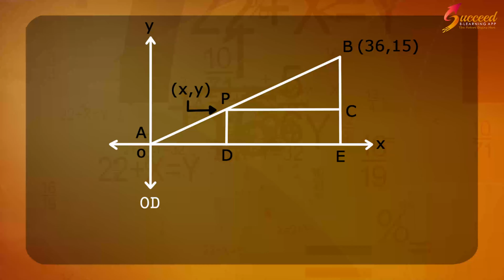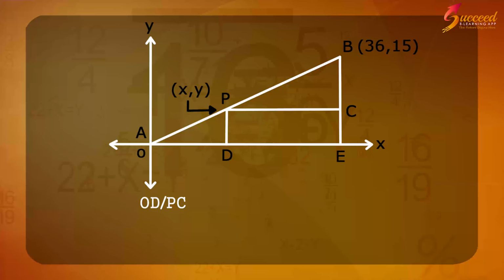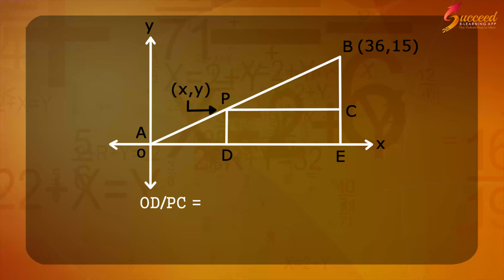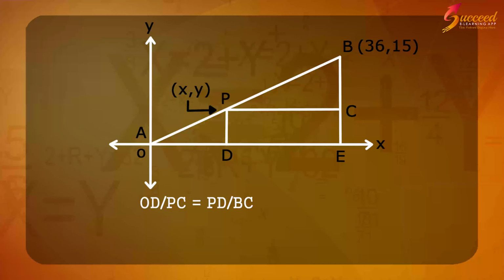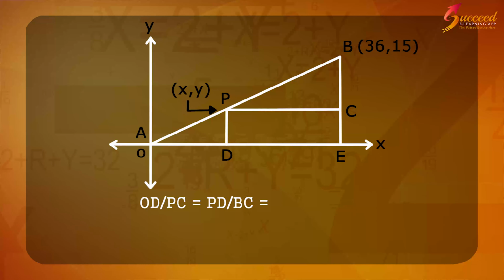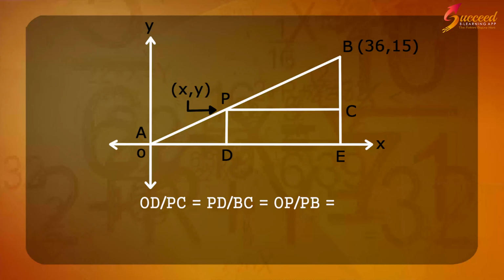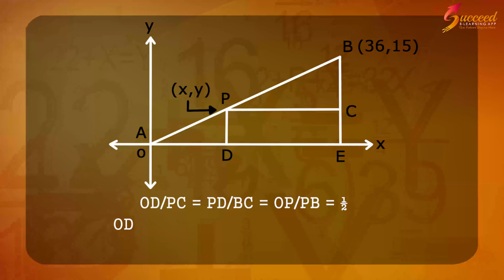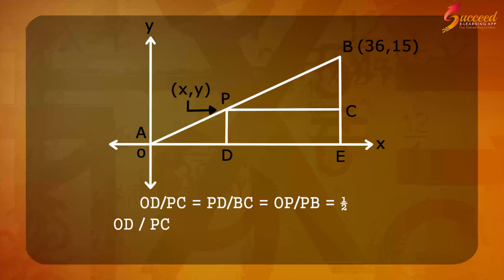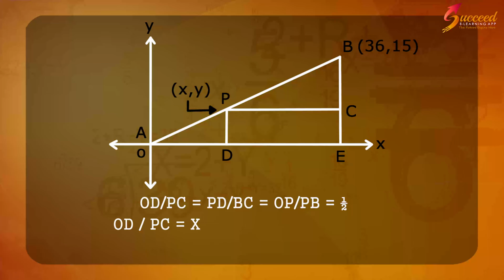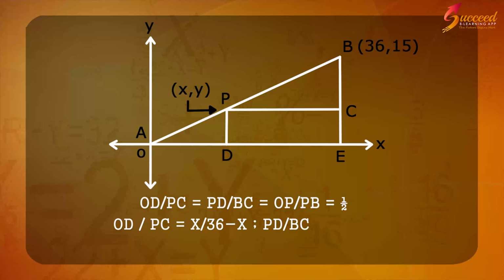Therefore, OD/PC is equal to PD/BC, which is equal to OP/PB, which is equal to 1/2. OD/PC is nothing but x divided by (36 minus x). PD/BC is equal to y divided by (15 minus y).